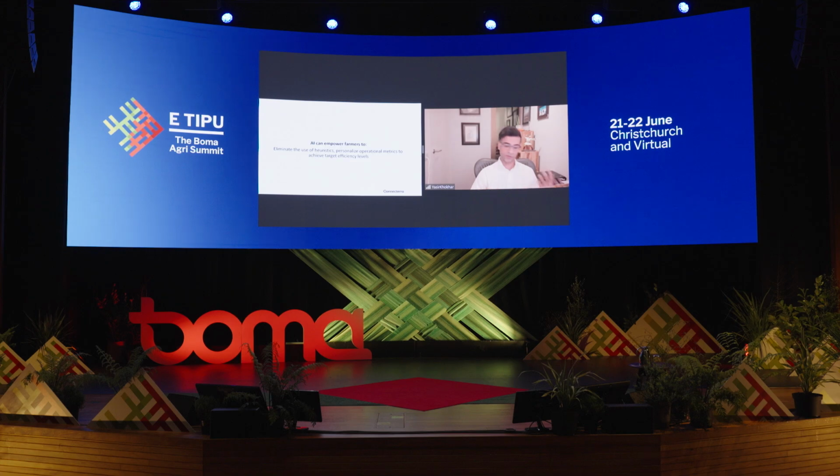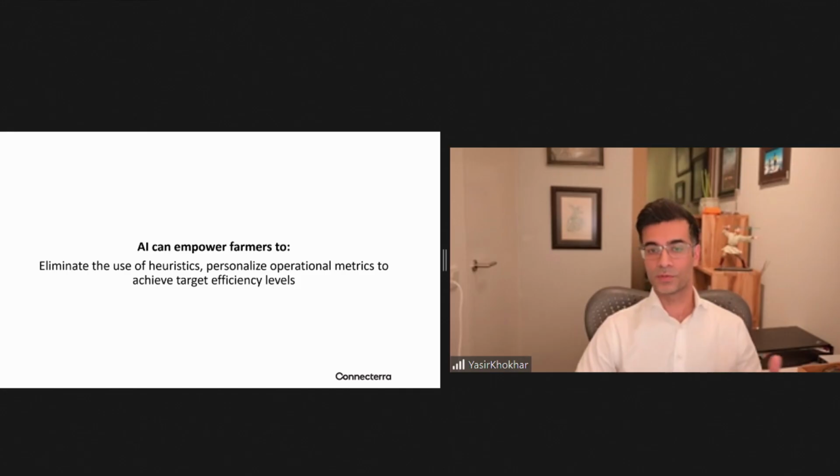However, farmers tend to use heuristics because it's almost impossible to process all of this information and to run some of these models and simulations. AI can use all of this data and translate it into personalized metrics, which are simple and easy for us to follow and help us get to these target efficiency levels.